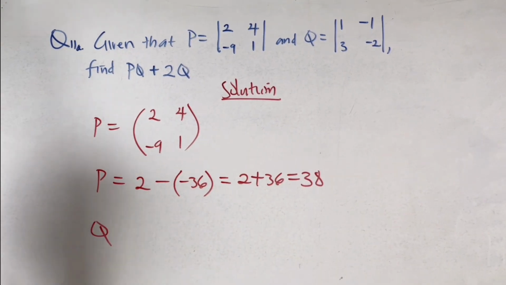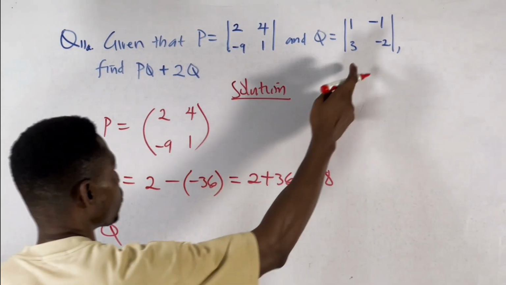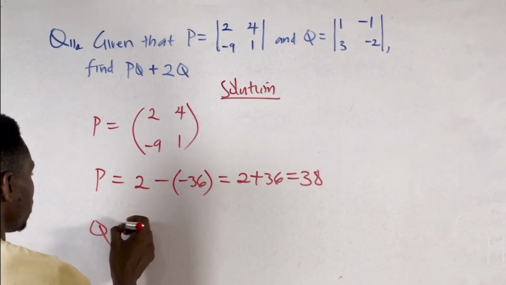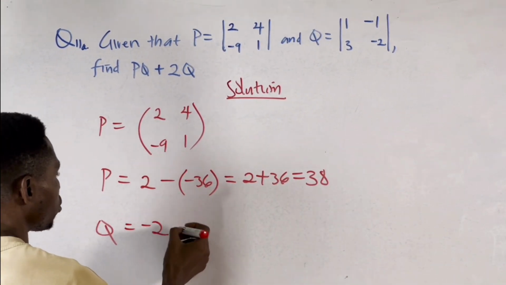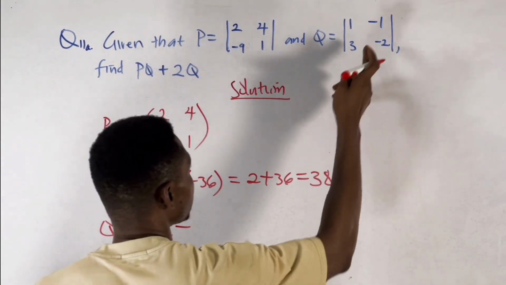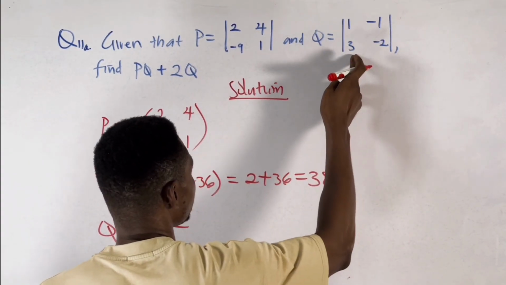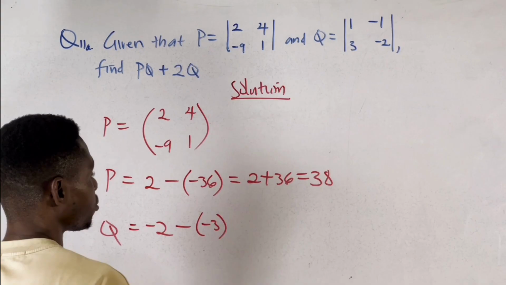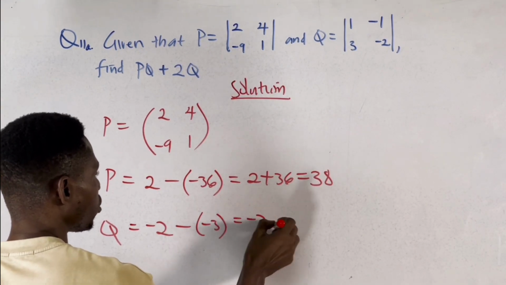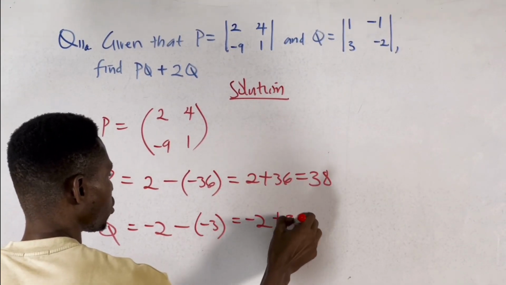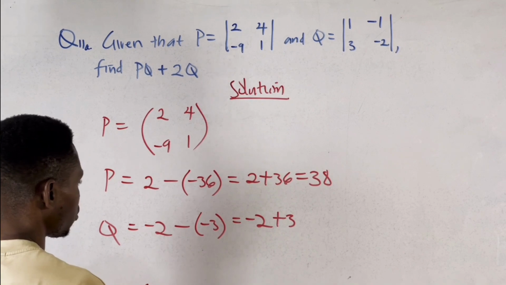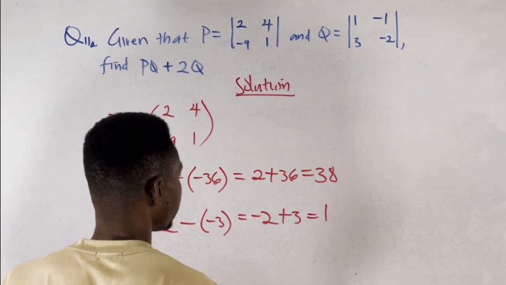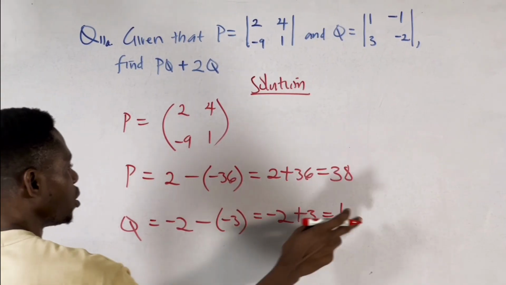And for Q, to find the determinant of Q, we have 1 times minus 2, which is minus 2, minus 1 times 3, that's minus 3. This will give us minus 2 plus 3, which is what? 1. Minus 2 plus 3, that's 1.